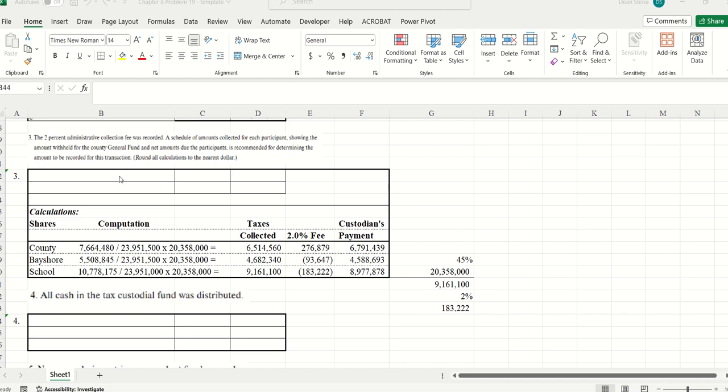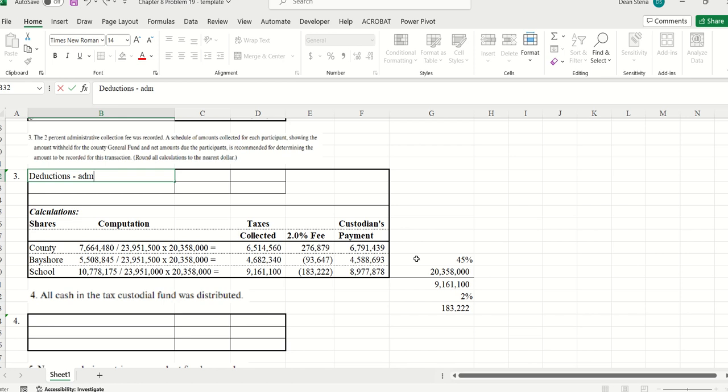So we're going to call it deductions, admin fee.